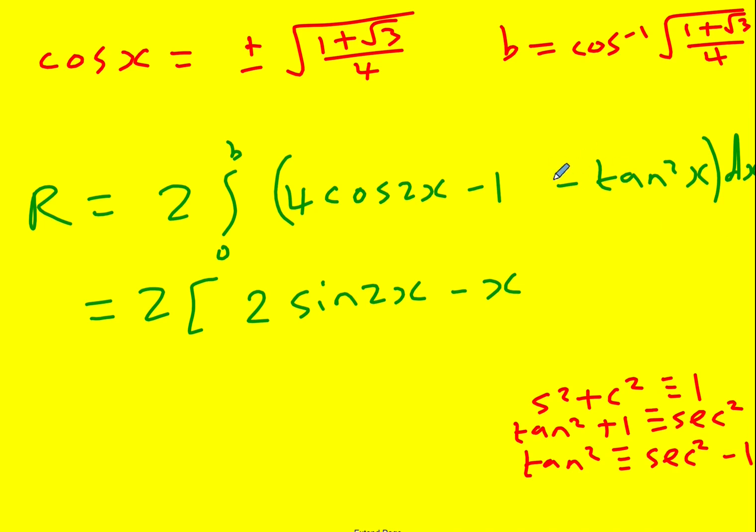And to be fair, I probably should have done that before I even integrated, but it was only when I started looking at it I thought, okay, now I need to mess with this. So I will separate it into 2 integrals. So I've got this part, and then I'm going to be integrating from 0 to b, but it will be sec squared x minus 1.